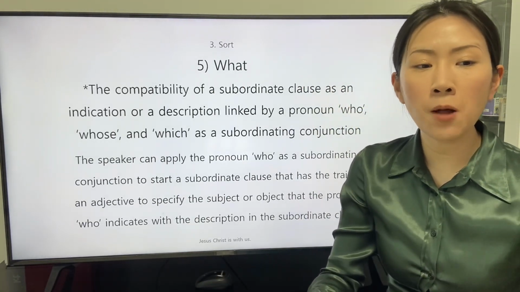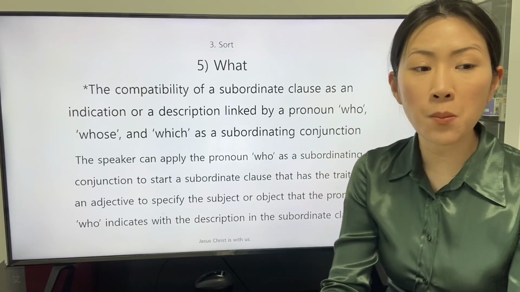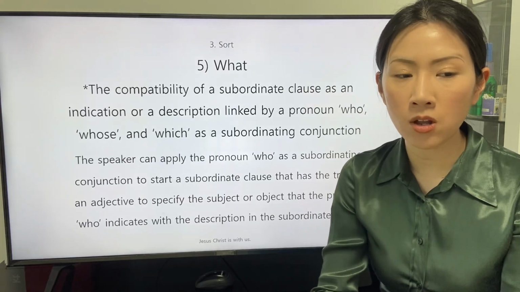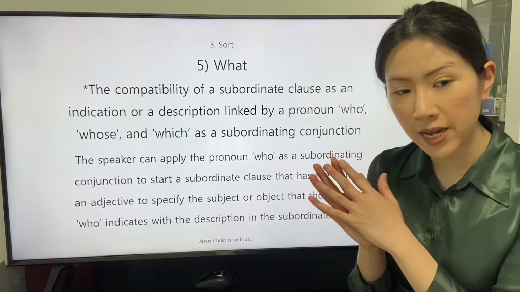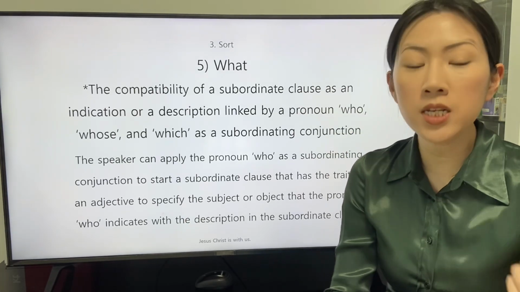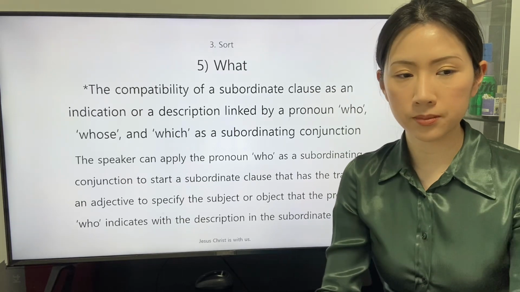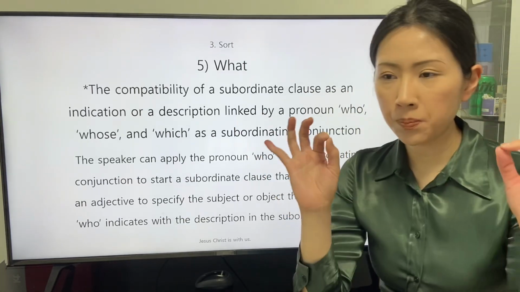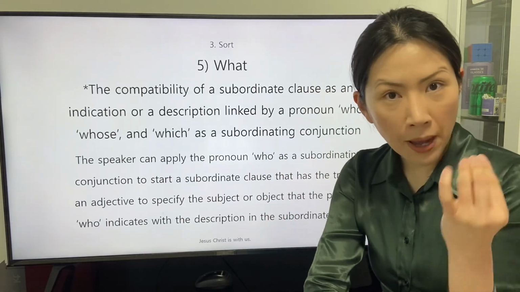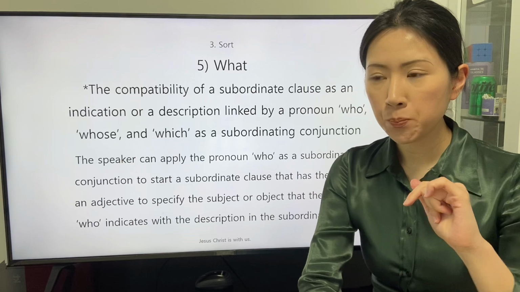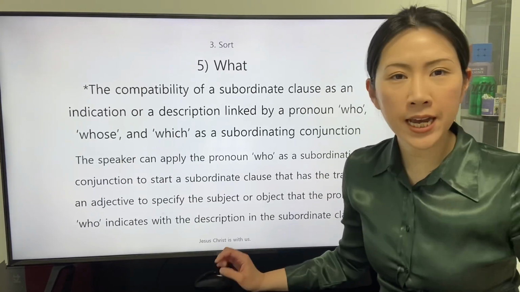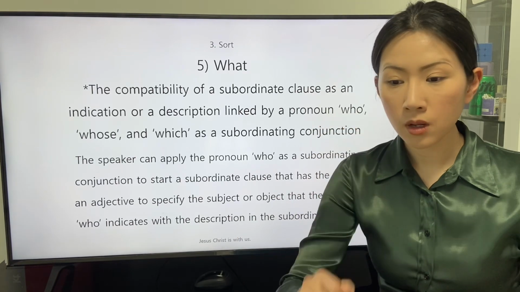The speaker can apply the pronoun who as a subordinating conjunction to start a subordinate clause that has the trait as an adjective to specify the subject or object that the pronoun who indicates with the description in the subordinate clause. The subordinate clause linked by the pronoun who can be applied as an indication about a person.